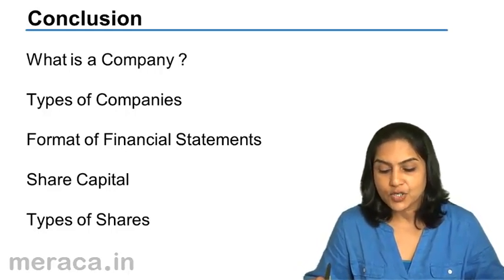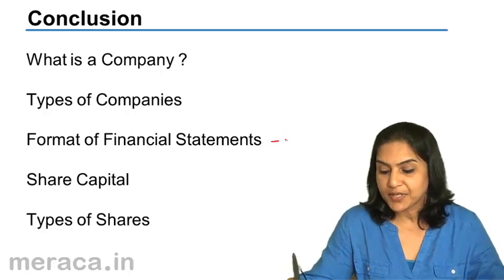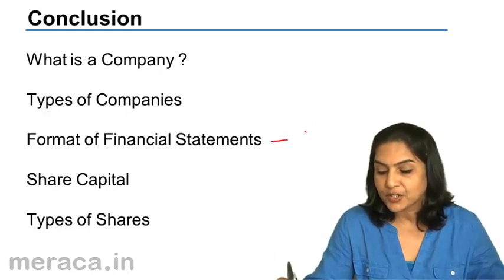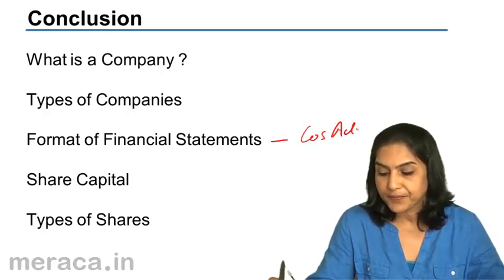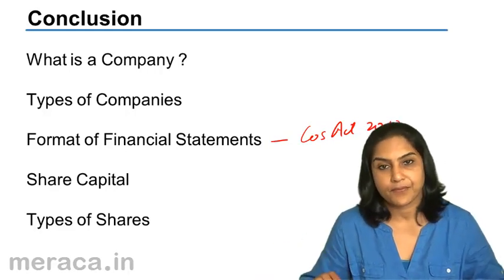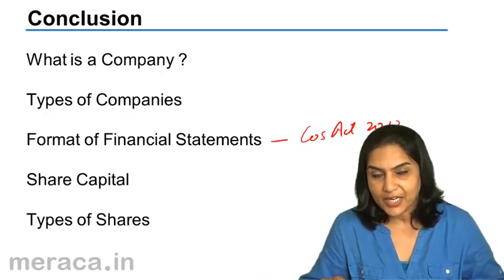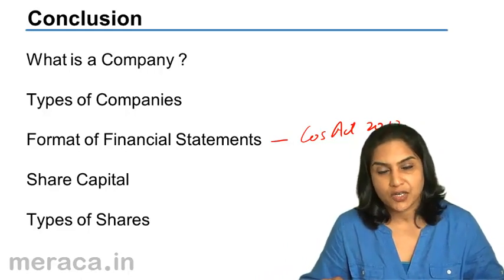We then looked at the format of the financial statements as per Companies Act 2013. We looked at the format of the balance sheet and the profit and loss account.